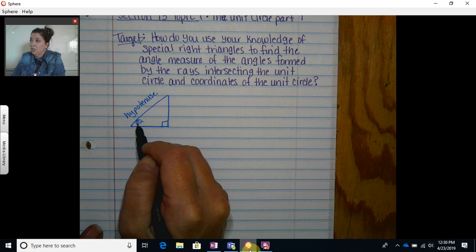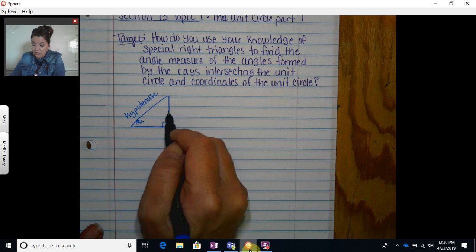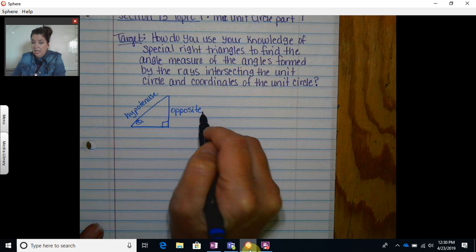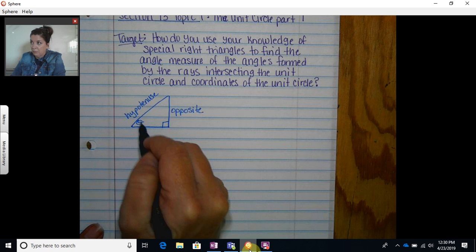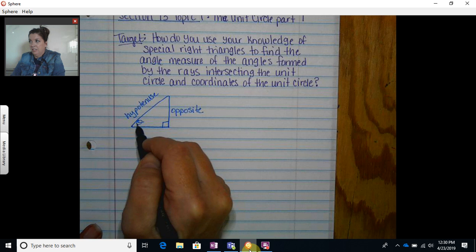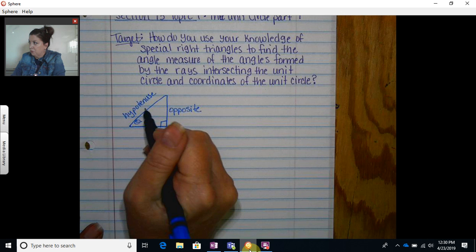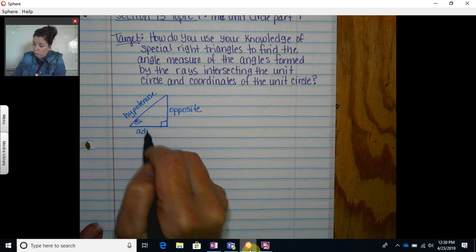The side directly across from the angle I'm referring to is the opposite side. Technically the hypotenuse is adjacent to this angle too, but the hypotenuse can only be called hypotenuse. It's never the adjacent side, and it is always across from the right angle. So the other side would be the adjacent side.